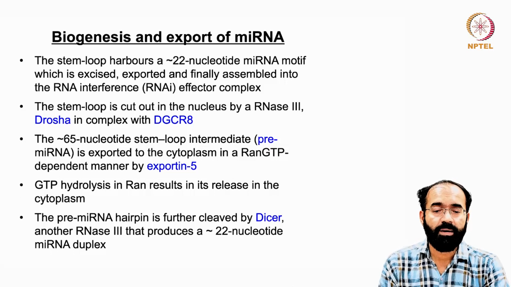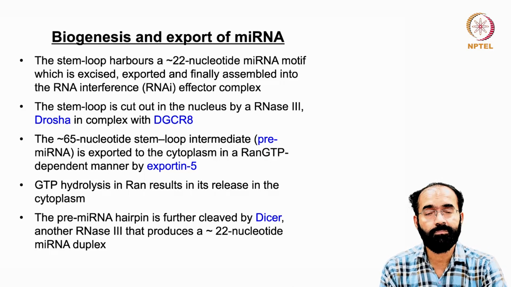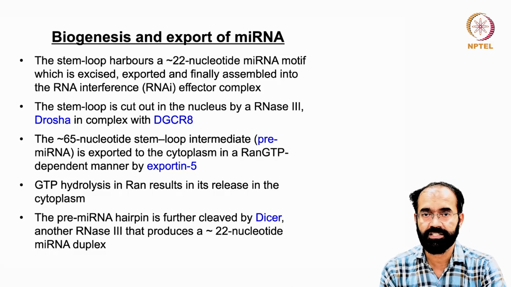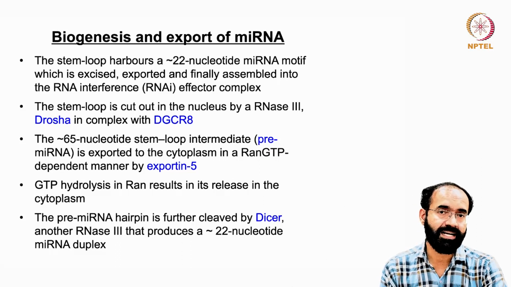So let us see the biogenesis and export of microRNA in detail. The stem loop structure, when it is formed, harbors a 22 nucleotide microRNA motif. Remember, the stem loop structure of the microRNA can be around 150-160 nucleotides. Somewhere in this you have complementary sequence, meaning both strands are pairing with each other.